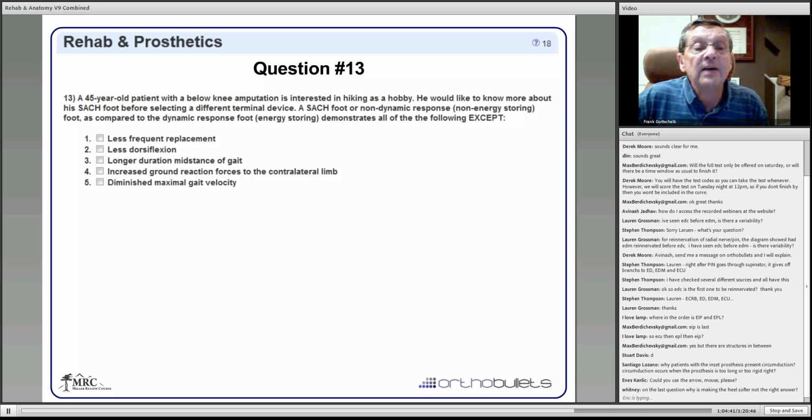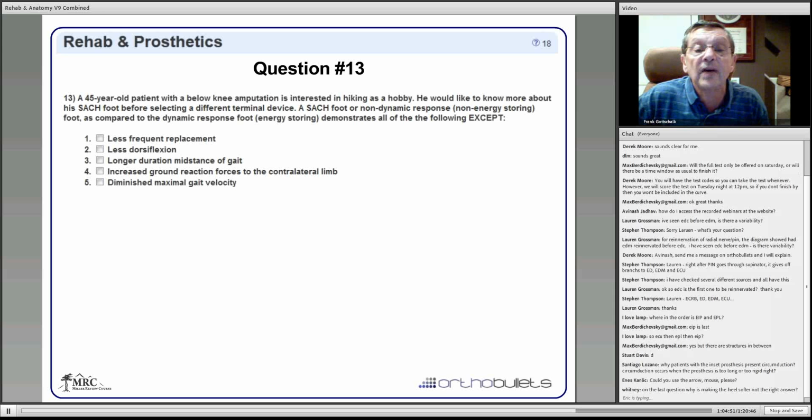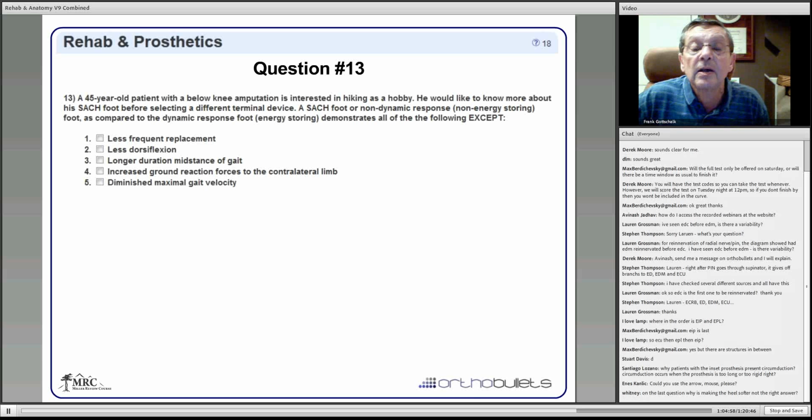A 45-year-old patient with a below-knee amputation is interested in hiking as a hobby. He would like to know more about his SACH foot before selecting a different terminal device. As we remember from the previous slide, the SACH foot is the solid ankle cushioned heel, which is not a dynamic response foot. In other words, it has no energy storing.